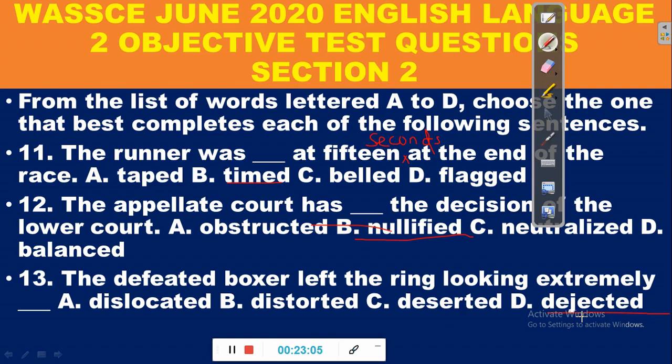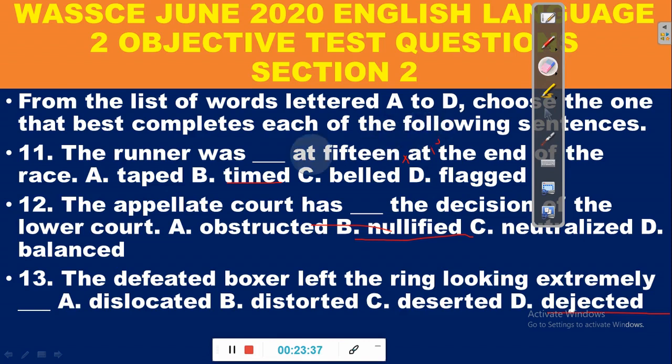When you are downcast, it means you are downhearted, dispirited, depressed. That's just what it means, and that fits in well. The defeated boxer left the ring looking extremely dejected, extremely depressed, demoralized, if you like. So that is the word, and it fits in here quite well.